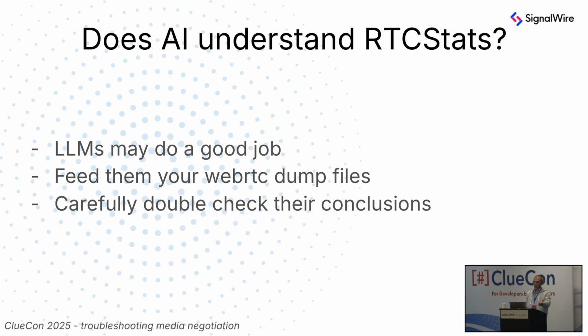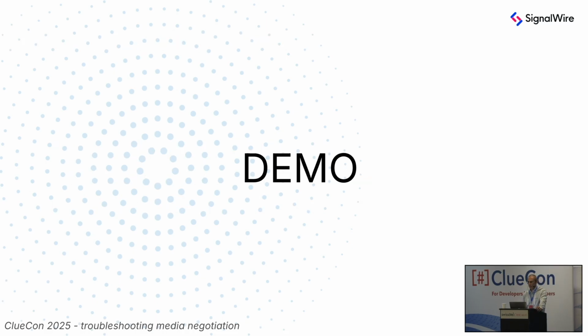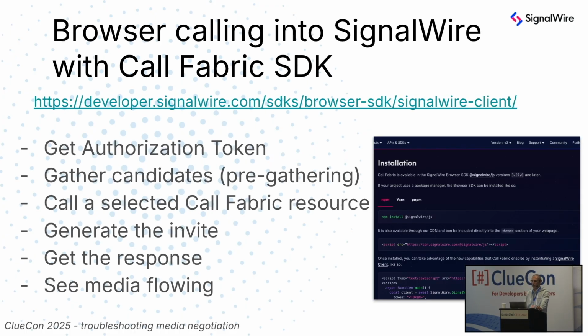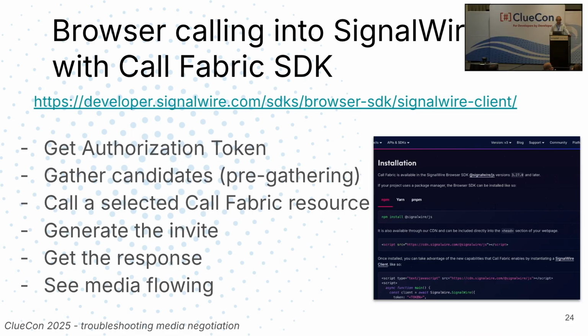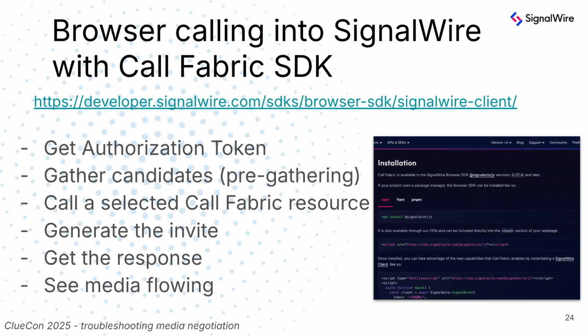So as in any other usage of LLMs, check the conclusions. Don't trust it too much. I saw some cases of a little bit too much confidence from humans in what was being provided by ChatGPT, for example.